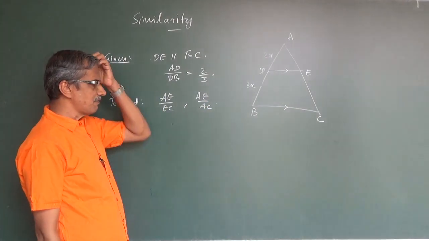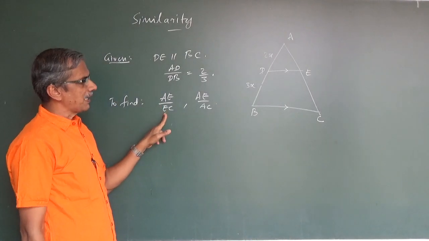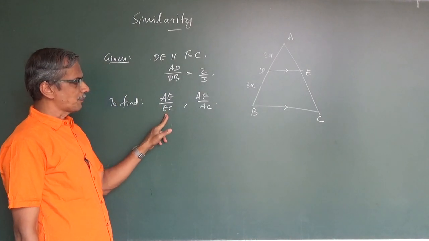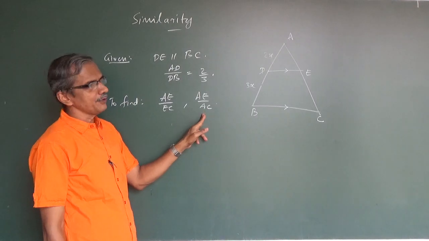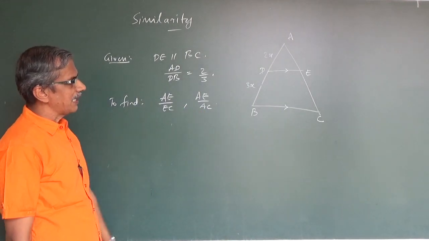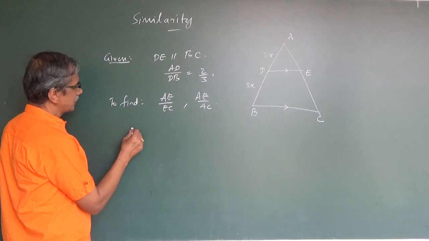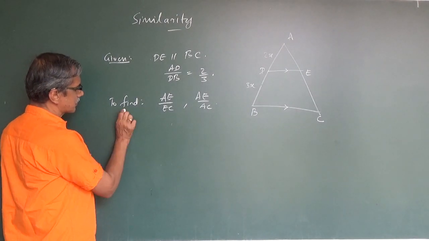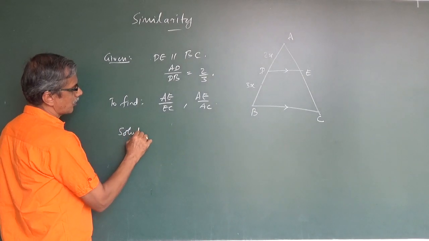This you can easily find by basic proportionality, but this you have to use similarity. So what I am going to do, I am going to use similarity everywhere. So now this is the solution or proof.